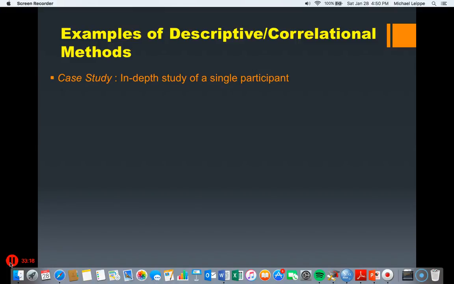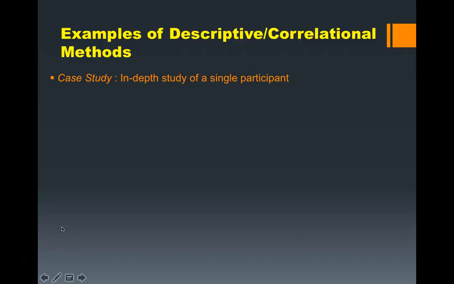A case study is an in-depth study of a single participant, a person, for example. There's the famous case of Sybil, the person who was studied for many years. It was a movie in which Sally Field took the lead role of this person who seemed to have what at that time were called multiple personalities.